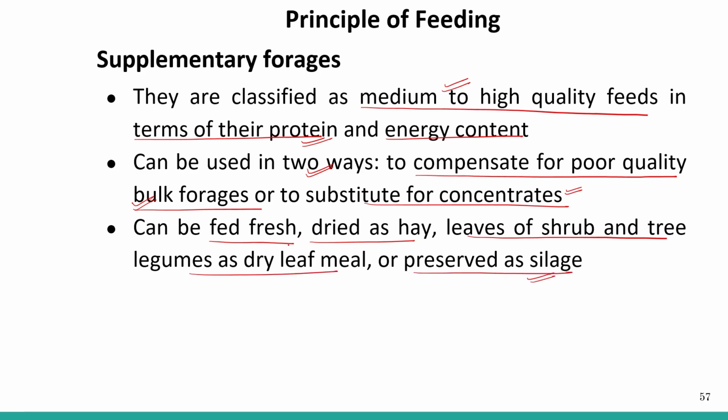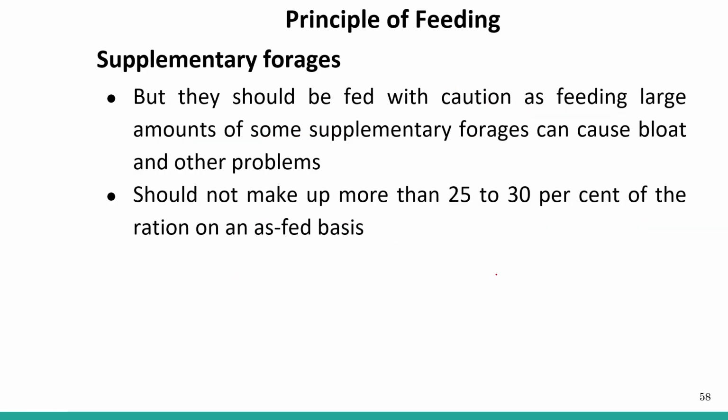So we can feed the cattle with fresh leaves when available, and we can also feed as dry hay. And when we have enough quantity of the supplementary forage, we can even preserve it as silage, so that it can in future be used as a supplementary forage.